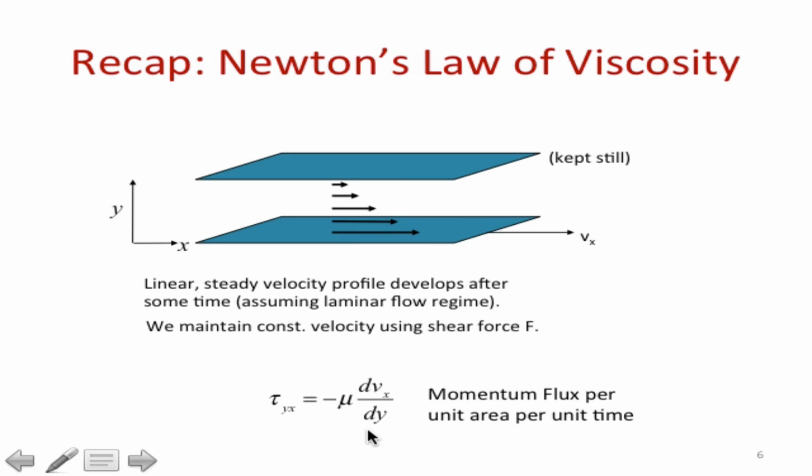So again, just as a recap, if his observation is to be confirmed, then I will go and attempt to compute tau yx using kinetic theory, okay? And I should get that tau yx and dvx dy are related in a linear fashion. So this mu, I'm not going to assume that I have mu, because then I assume Newton's law, so I'm going to confirm it if I assume it, right?